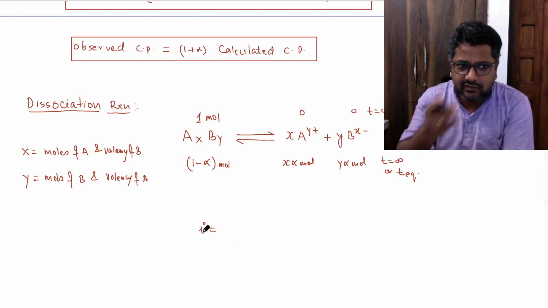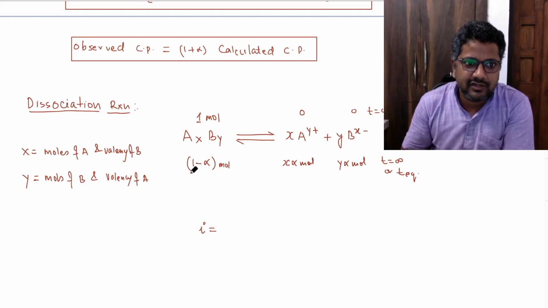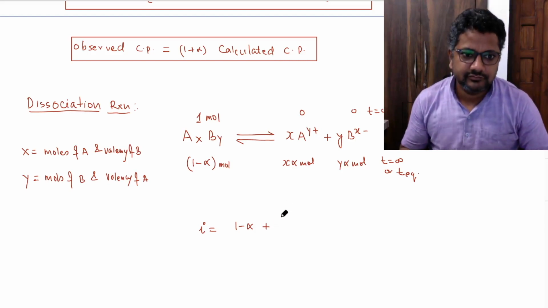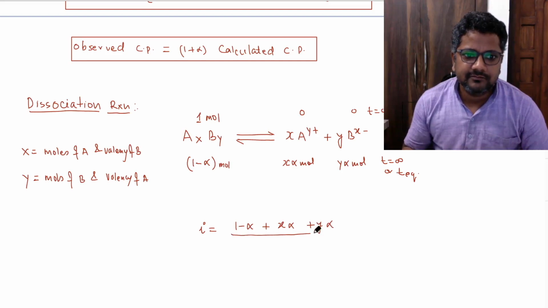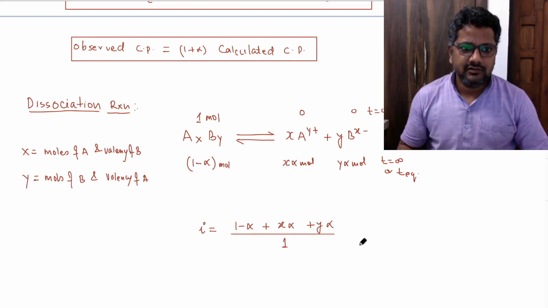So i is equal to the total moles obtained: this plus this plus this. So i equals 1 minus alpha plus x alpha plus y alpha, whole divided by 1.